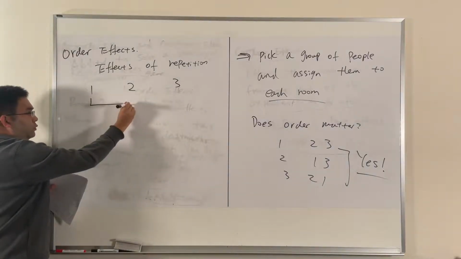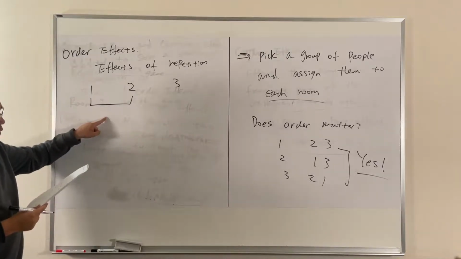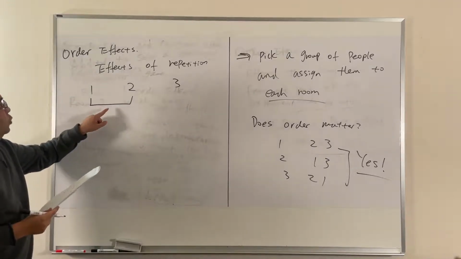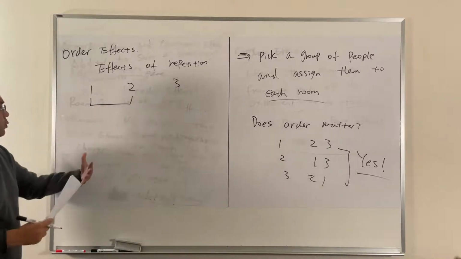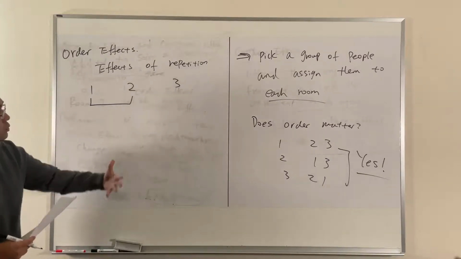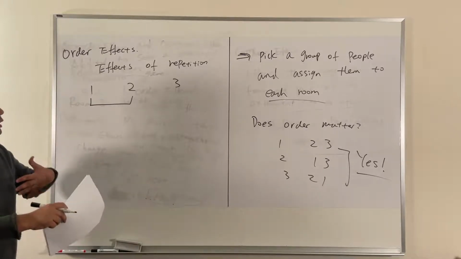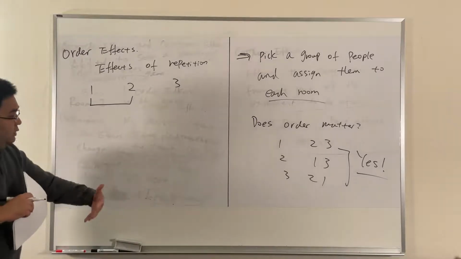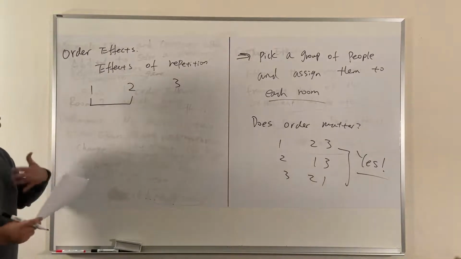From room 1 to room 2, this is what we call the order effects, right? Because in room 1 you already pick up some skills, and then you do it again in room 2. By repeating this experiment, since you already picked up some skills in room 1, you're going to use those skills in room 2.